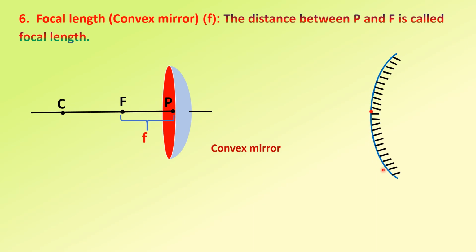By using the symbol here I am drawing P, C, F, principal axis, and this distance from P to F is called focal length f.